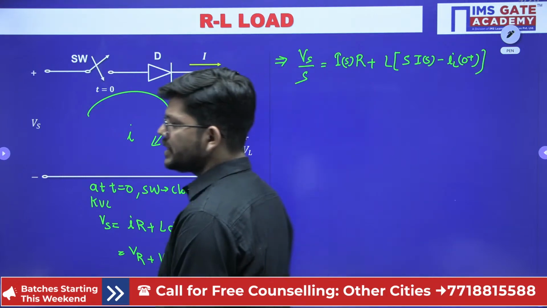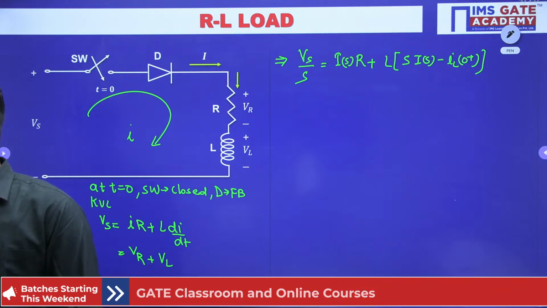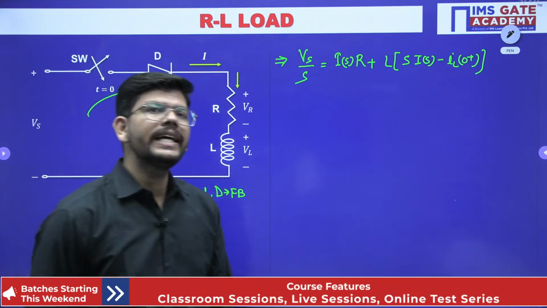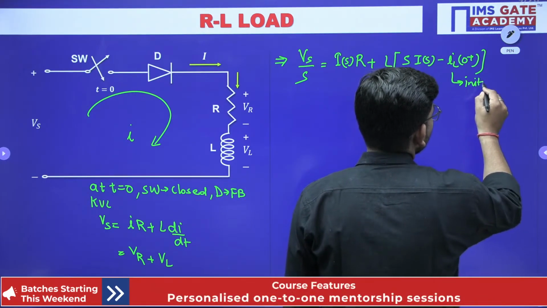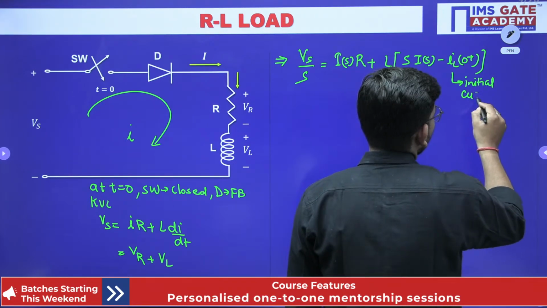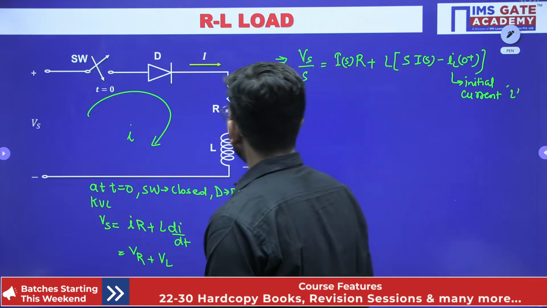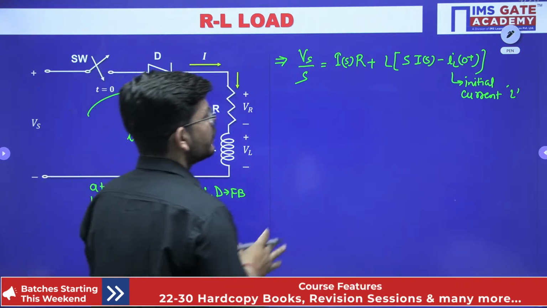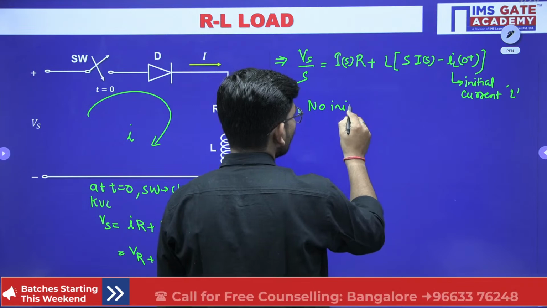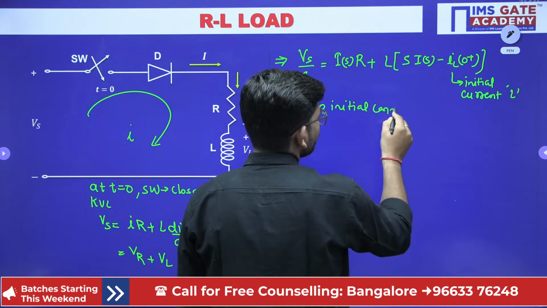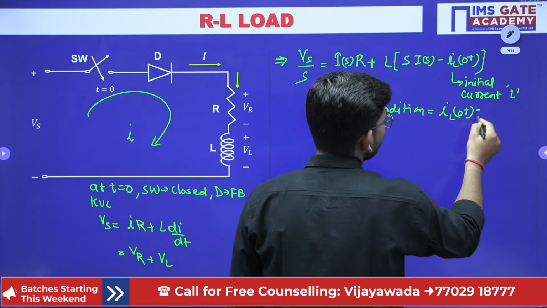What is IL(0+) here? It is the initial value of current across L. Since I have assumed that there is no initial current, there is no initial condition, so IL(0+) will be equal to 0.